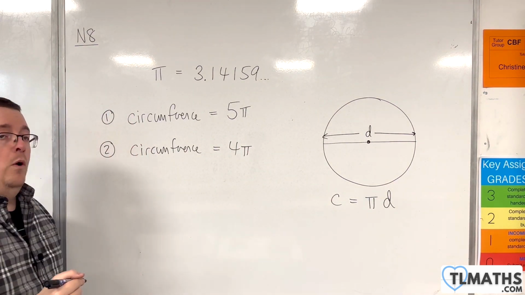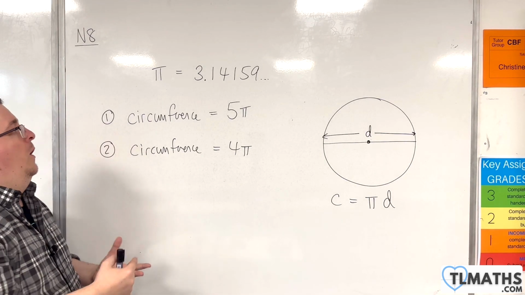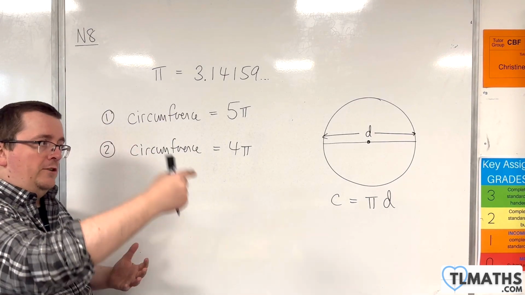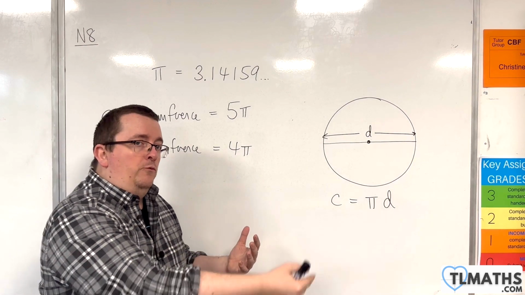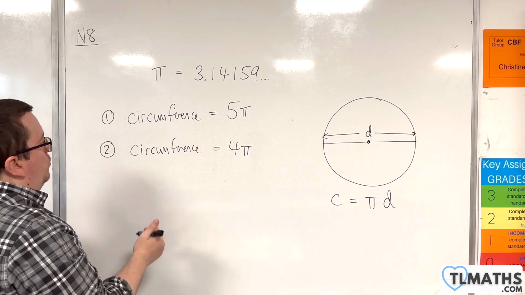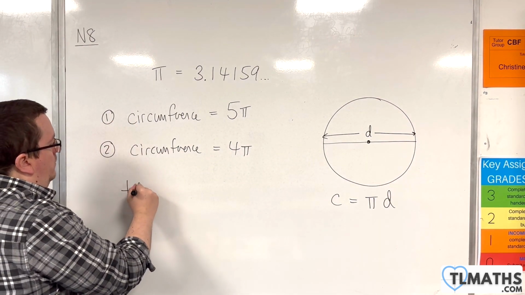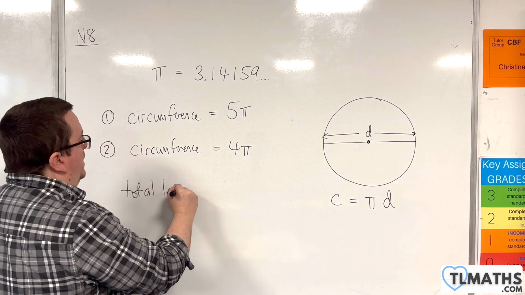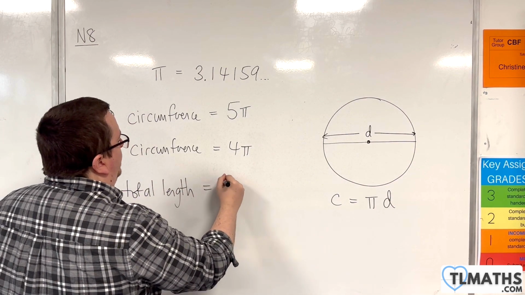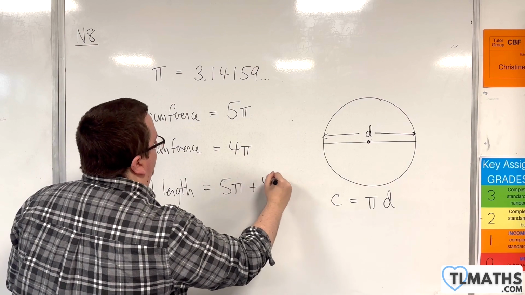If I wanted to know what was the total length of the circumference of the first circle and the circumference of the second circle, well, the total length of the circumferences would be equal to 5 pi plus 4 pi.